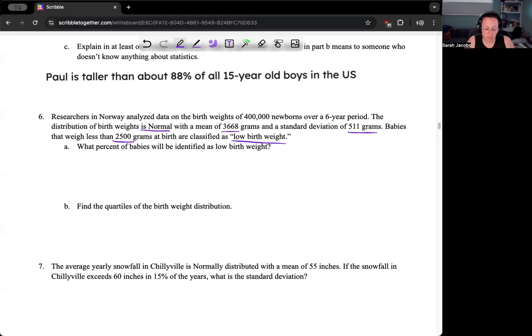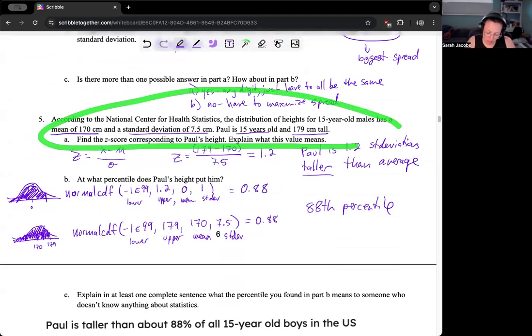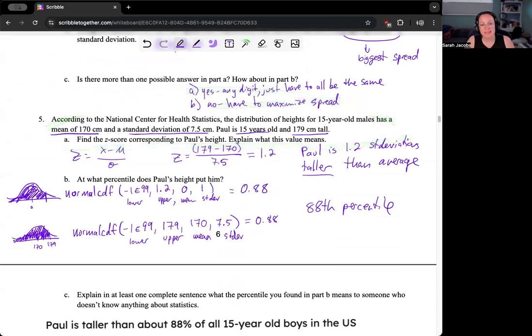Now, before we dive into this, I want to point something out. The distribution here is listed as normal. It was not listed as normal here. However, it's reasonable to think that the distribution of heights would also be normal because 15-year-old boys' heights are probably clustered around some number, and then fewer and fewer heights are represented as you get further from that middle.